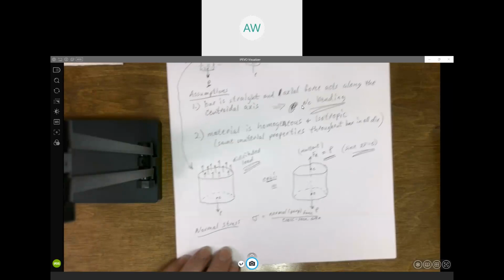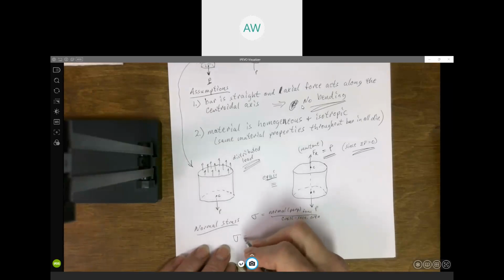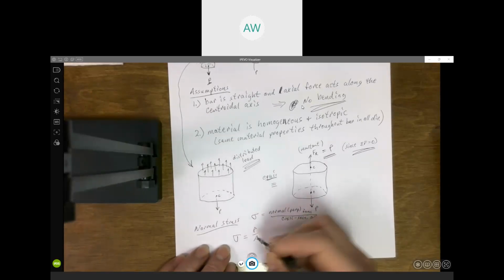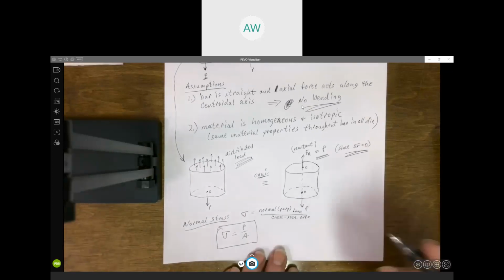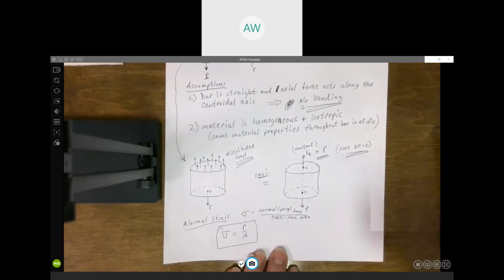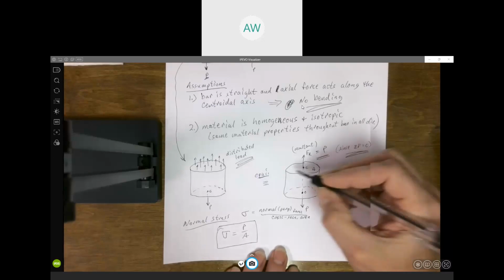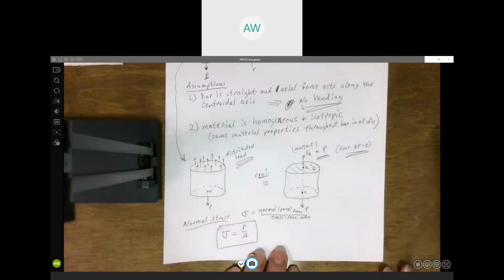Or in formula form, if you like formulas, P over A. Where, again, P is that force that's normal or perpendicular to the cross-sectional area. A is the cross-sectional area. So A would be whatever that cross-sectional area is.